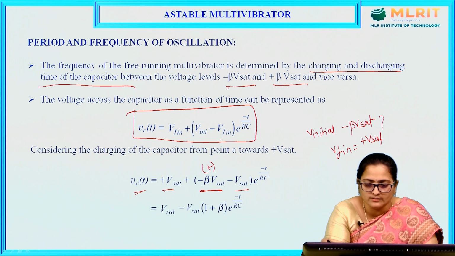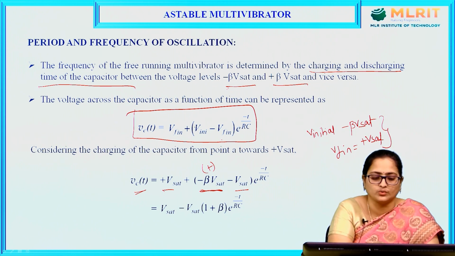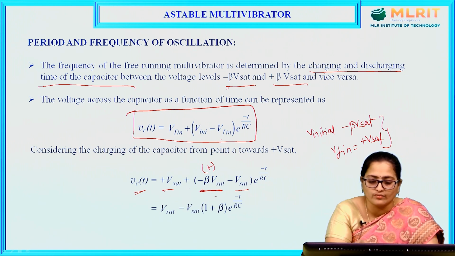If we substitute these values in the expression, we can write Vc as plus Vsat plus (minus beta Vsat minus Vsat) e power minus t by RC.